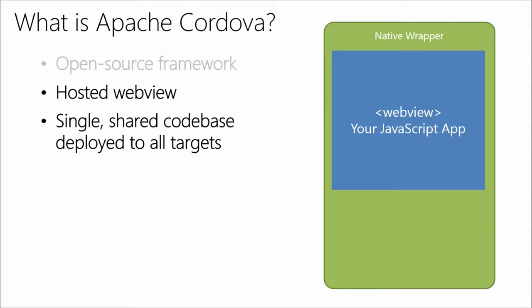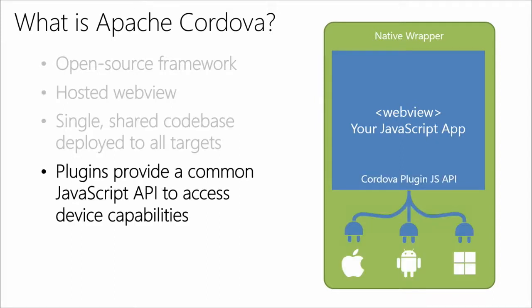So you have a single shared code base across all the devices, because you're just writing HTML and JavaScript and you're letting the browser do all the work of rendering. Now here's where the magic comes in. This web view needs to have certain native functionality. Otherwise, it's just a web browser. It doesn't have any access to the device. It can't tell what the light sensor reading is.